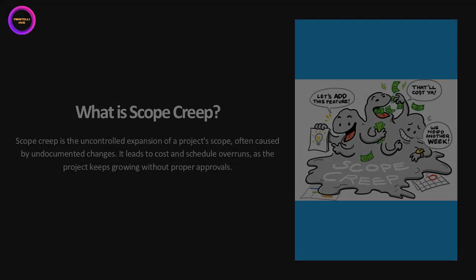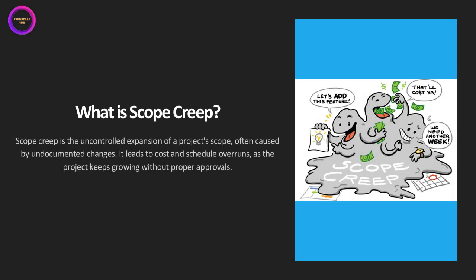Now, let's talk about a major project pitfall: scope creep. This is the uncontrolled expansion of a project scope, often from small, undocumented changes. It can be caused by a poorly defined initial scope or stakeholder pressure. The impact is significant, leading to budget overruns, schedule delays, and a strain on your resources.